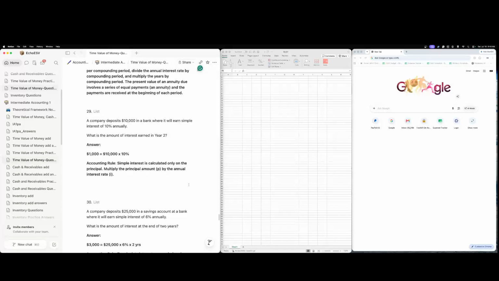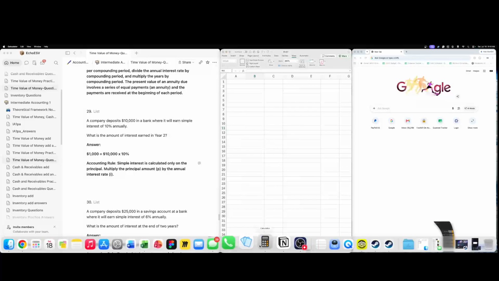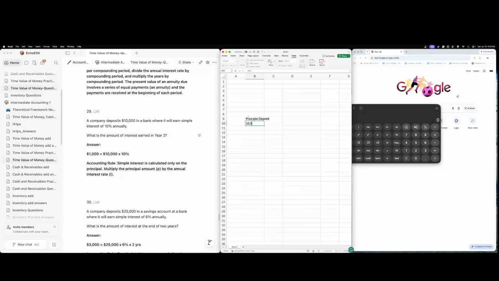A company deposits 10,000 in a bank where it earns simple interest of 10%. Let's do some really quick problems. 10% simple interest annually. Year 1: the principal deposit is 10,000, and the annual interest rate is simple interest of 10%.